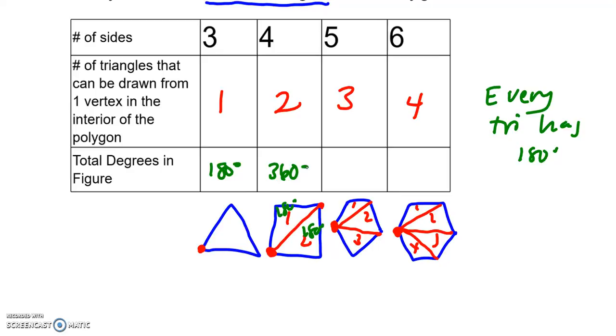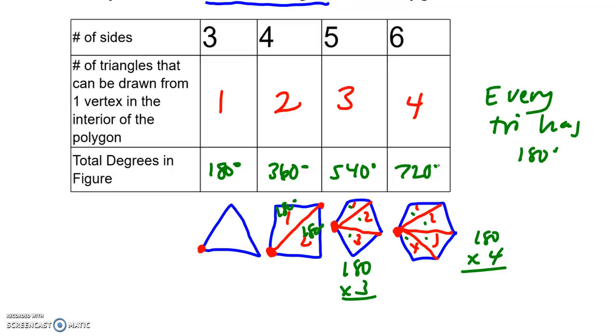And the idea continues. If I have 3 triangles, each 180 degrees, 180 times 3 gets me 540 total degrees. And in a 6-sided figure, 4 triangles, 180 times 4, or 180 degrees added 4 times, gets me 720 total degrees.